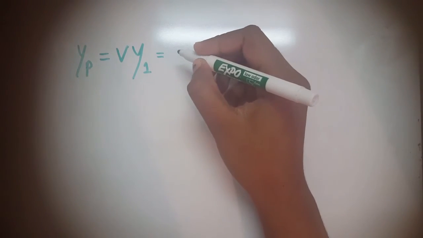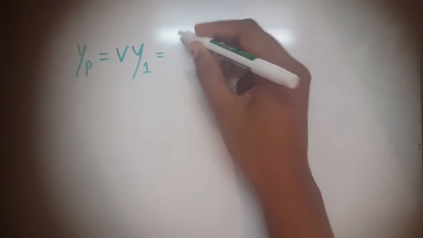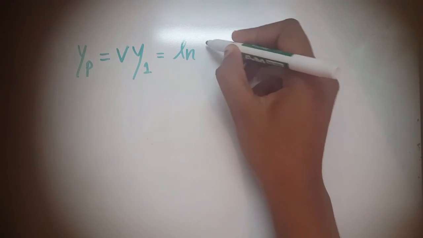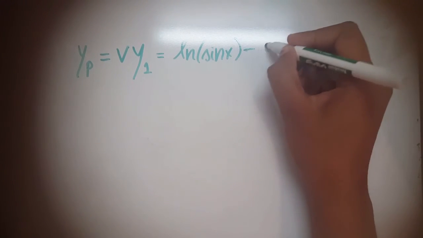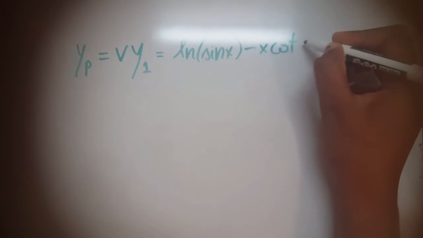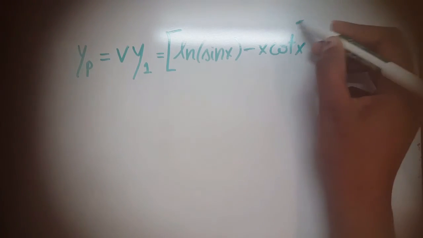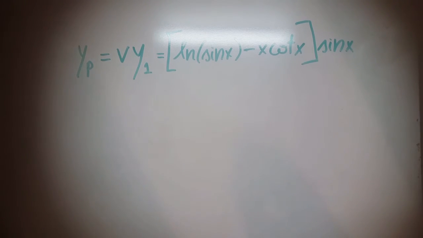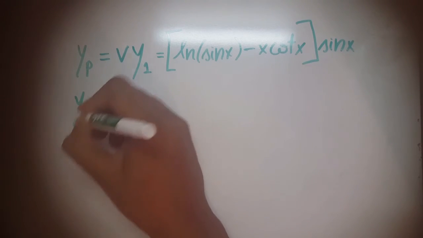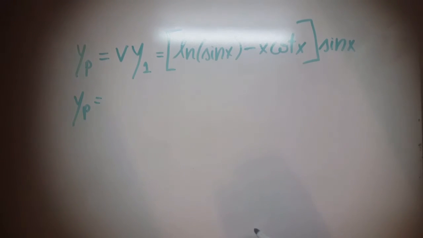Then we can multiply this, just write it out first: ln sine of x minus x cotangent of x, times sine of x.